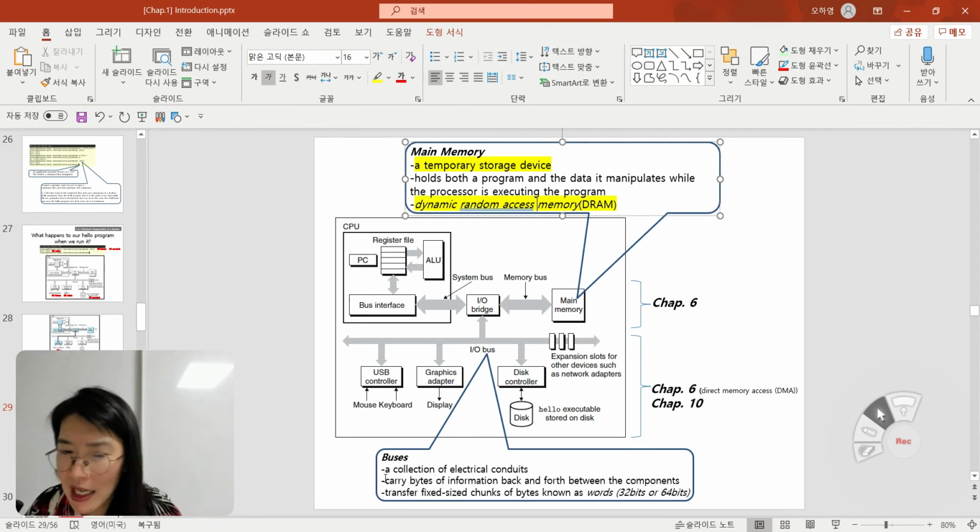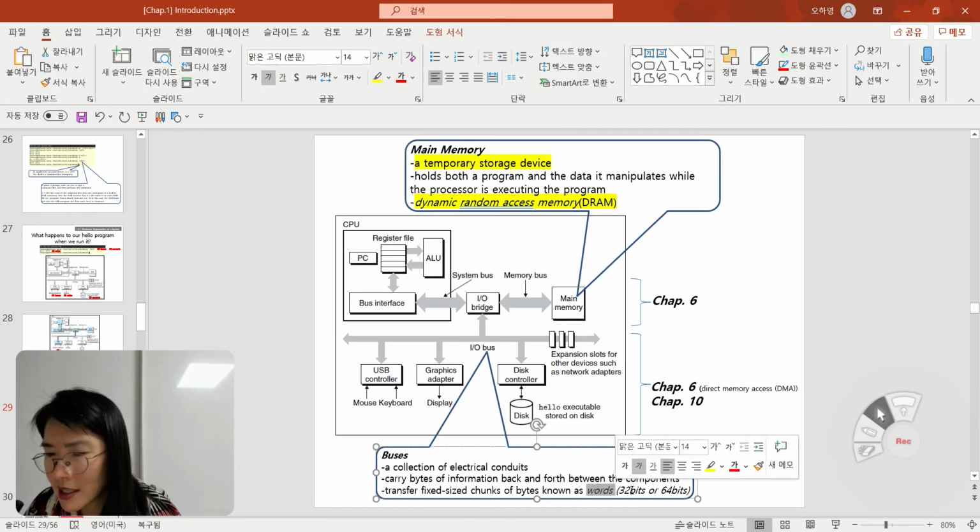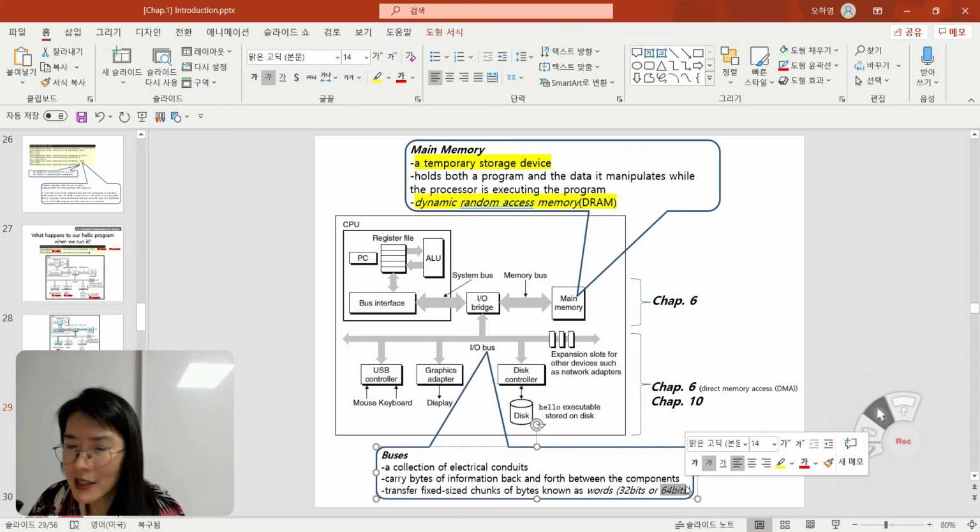And they can transfer fixed-size chunks of bytes known as words, such as 32 bits or 64 bits. Most of our operating systems support 64 bits these days, right?